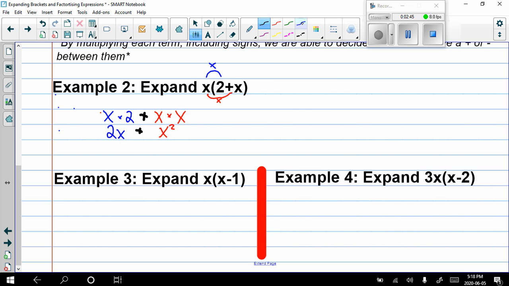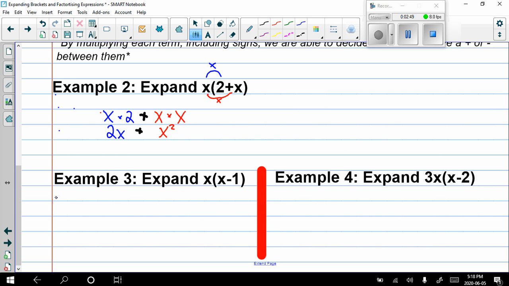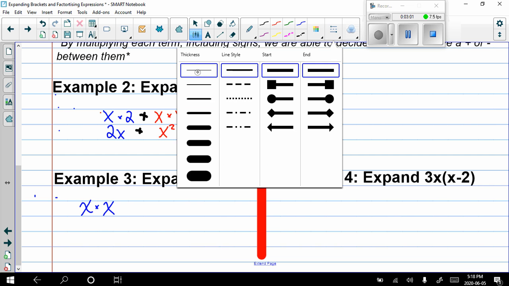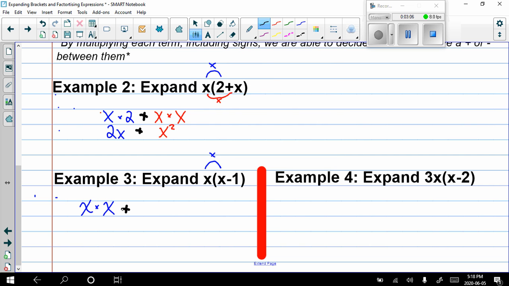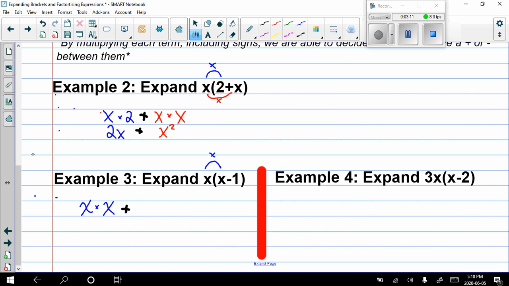Next, example 3, we're going to expand x bracket x minus 1 bracket. So x times x. And then we just copy our sign as always before moving on to our other terms. So here we have x times, don't forget the sign, don't forget that negative on the 1, negative 1.